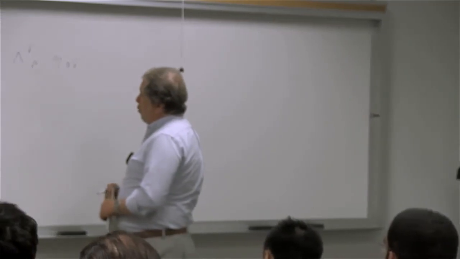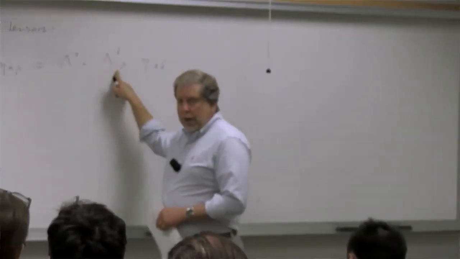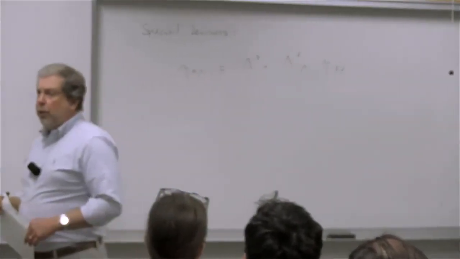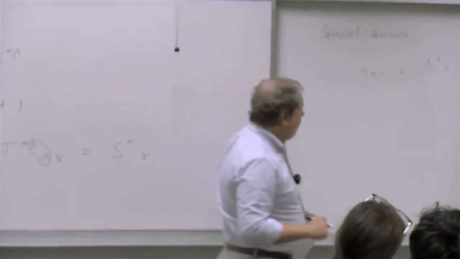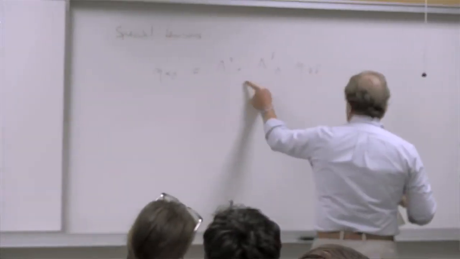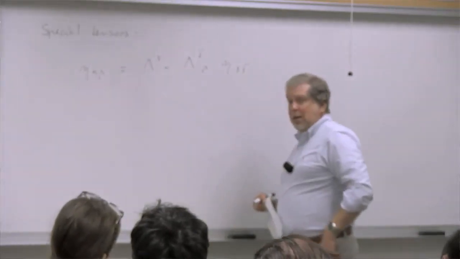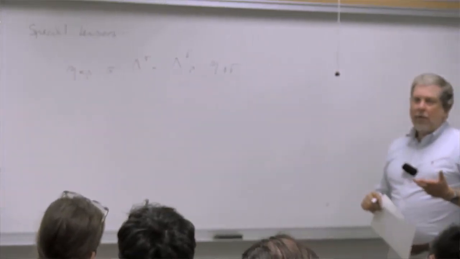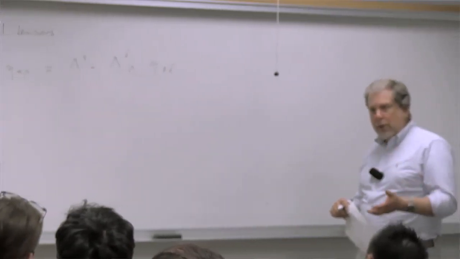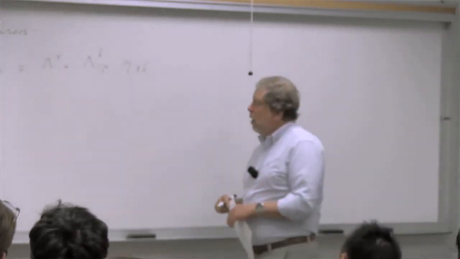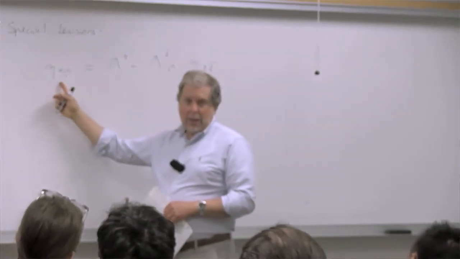And it is true. As a result, by staring at this relationship, we can see that when eta is transformed by a Lorentz transformation, first of all, it still gives a tensor, because it still gives eta alpha beta, which is a two-index object with indices downstairs. But it happens to be exactly the same tensor.